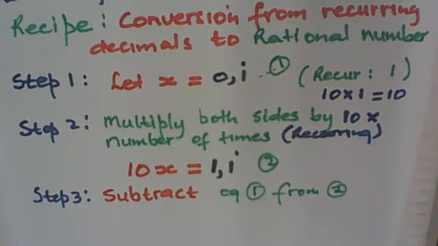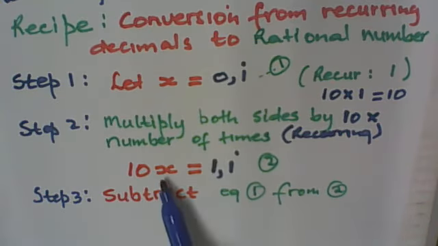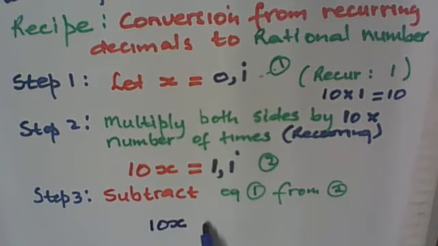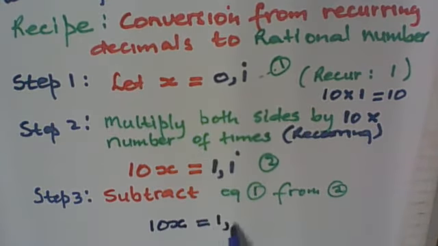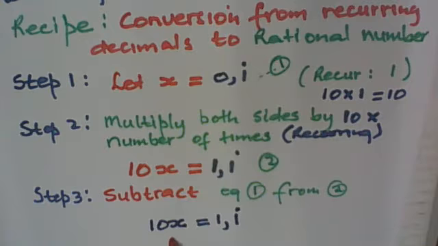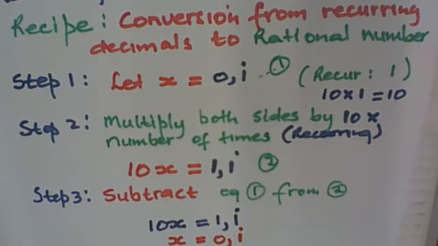When we write that, you take equation number 2. Equation number 2 is 10x, which is equal to 1.1 recurring. And then you take that one, it's x, which is equal to 0.1 recurring.